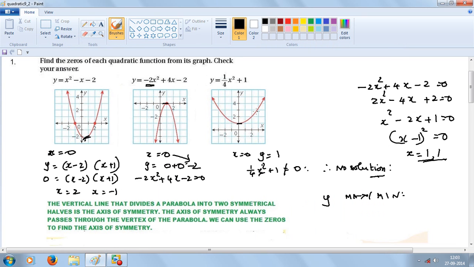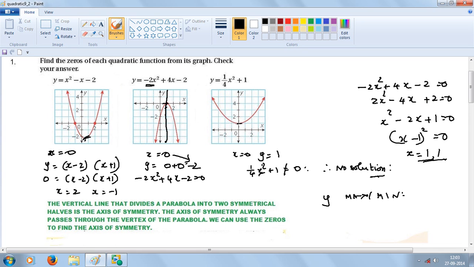So what do you see from this graph? This parabola has a vertex, and there is a line passing through the vertex. Suppose this is the line passing through the vertex. So this is the axis of the parabola. And the parabola, you see, in both sides, it is symmetrical.